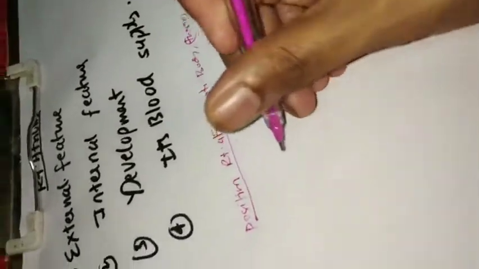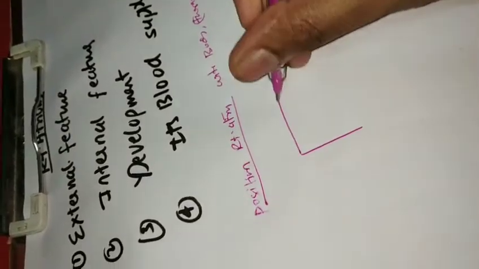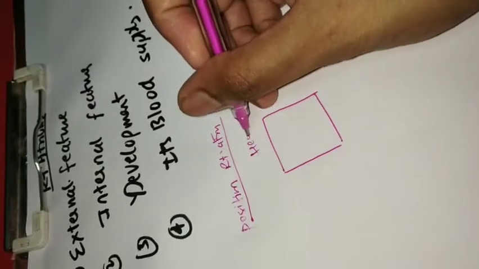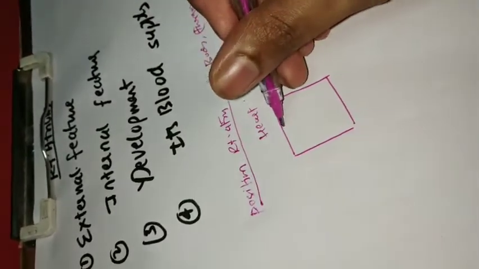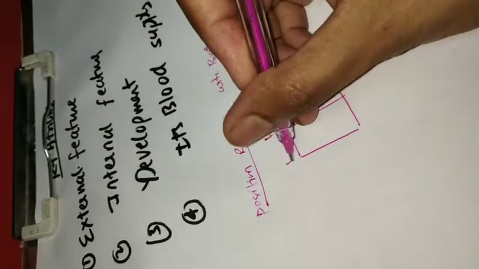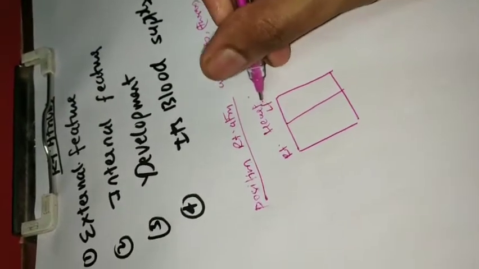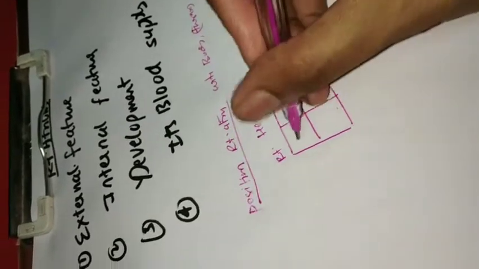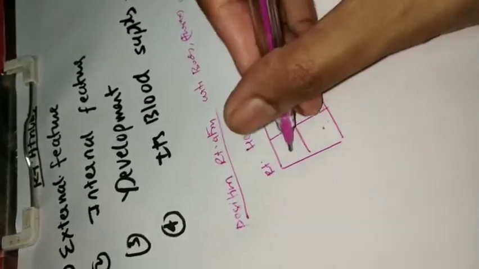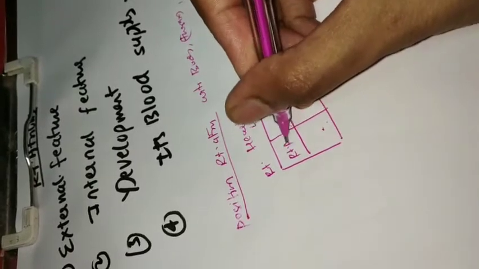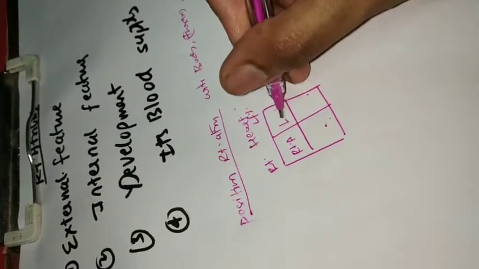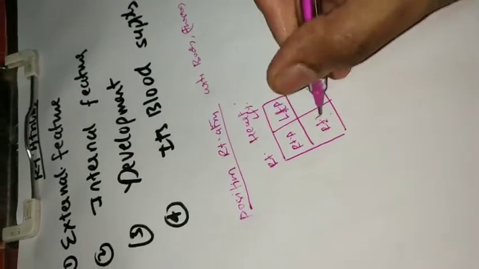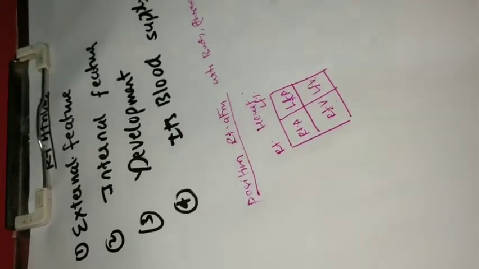You can consider this whole thing your heart, and it is divided into 2 halves, the right half and left half. These are again subdivided into upper and lower. Uppers are your atriums, lowers are your ventricles. Right side is the right atrium, left side is your left atrium. This is your right ventricle, this is your left ventricle.